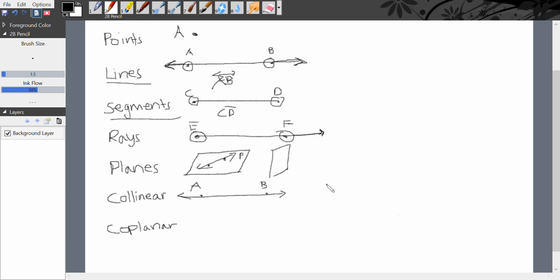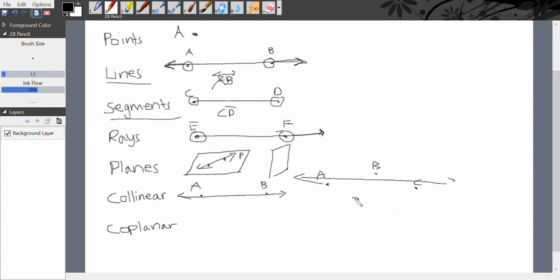So if I have, again, using point A and point B, we're going to add another point C. These 3 points are not collinear, but A and B are collinear, B and C are collinear, A and C are collinear as well. But these 3 points cannot be joined by one straight line. So these are not collinear.